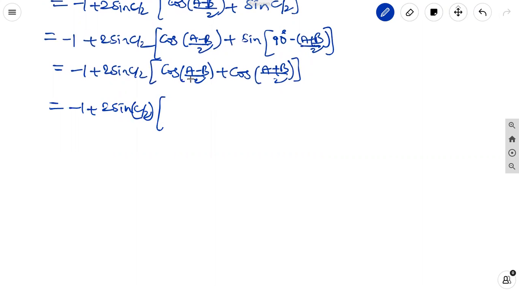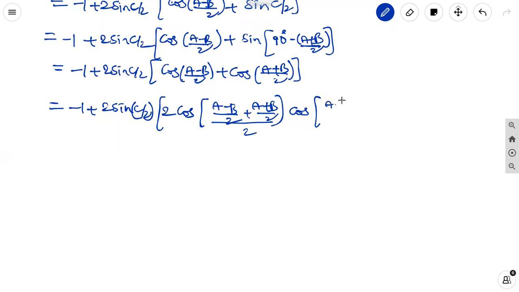Again using the cos C plus cos D form, 2 cos of (C plus D) by 2 cos of (C minus D) by 2, with (A minus B) by 2 and (A plus B) by 2. It is equal to minus 1 plus 2 sin C by 2.